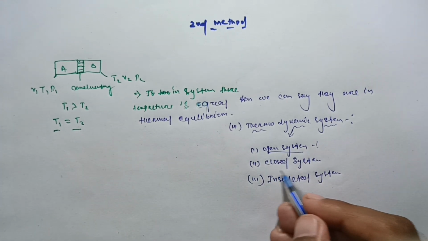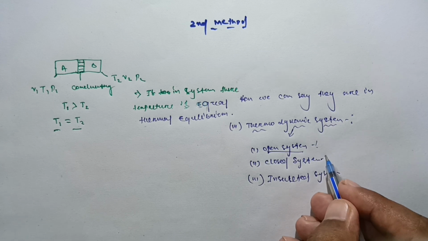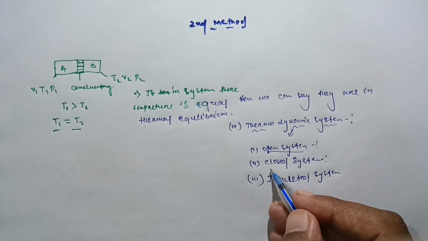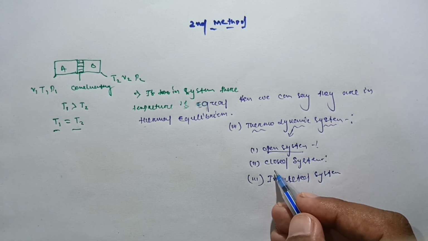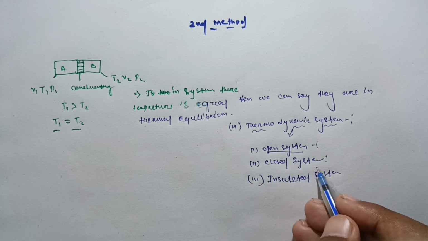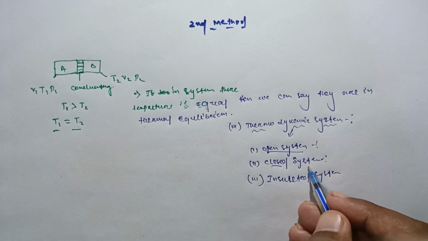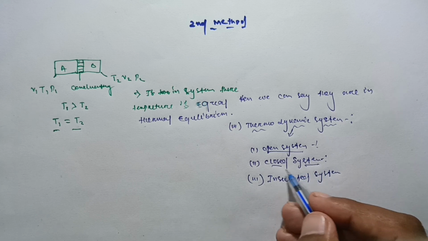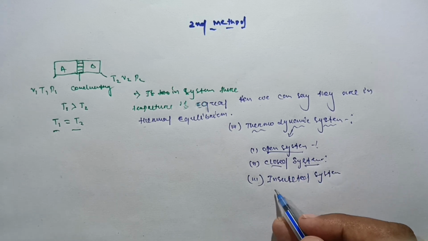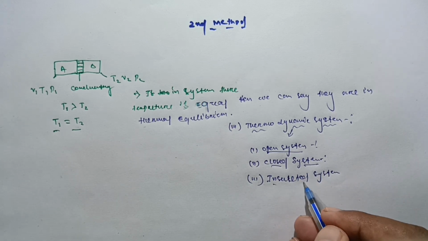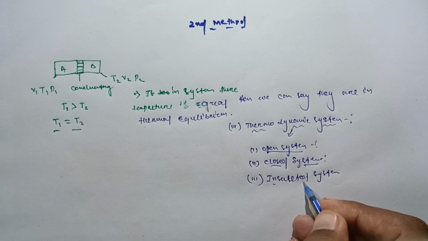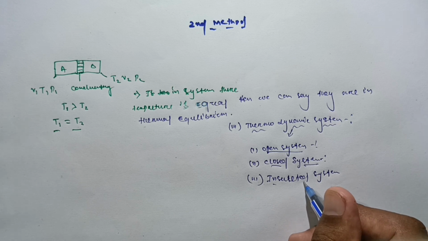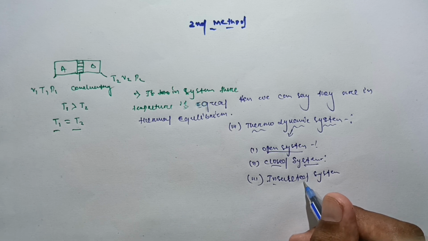Any system which can't exchange energy and matter, we call a closed system. An insulating system can't exchange energy or matter with its surroundings.